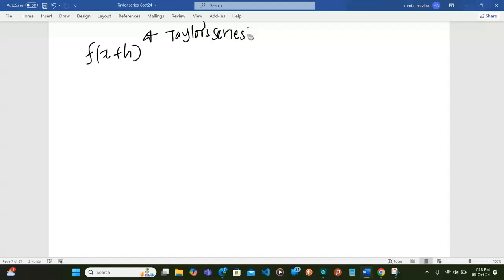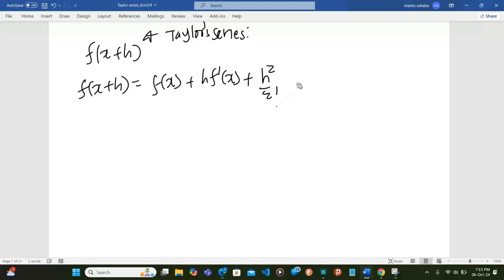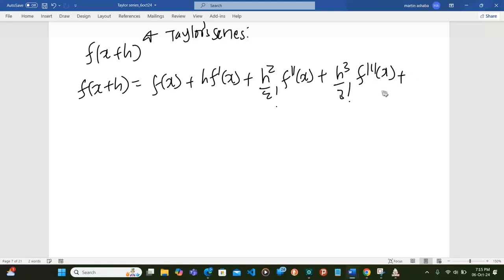We expand it: f of x plus h f prime of x, plus h squared out of 2 factorial, the second derivative of f of x, plus h cubed out of 3 factorial, the third derivative of f of x, plus h power 4 divided by 4 factorial, the fourth derivative of f of x, and so on and so forth, up to h to the n out of n factorial, the nth derivative of f of x.